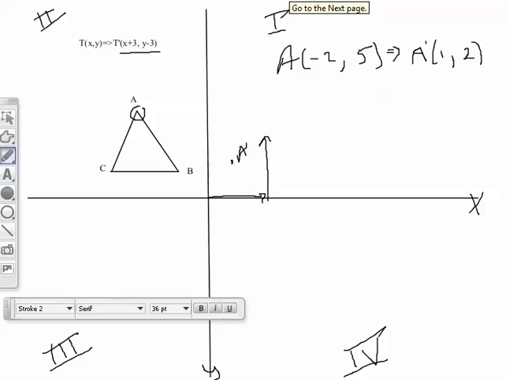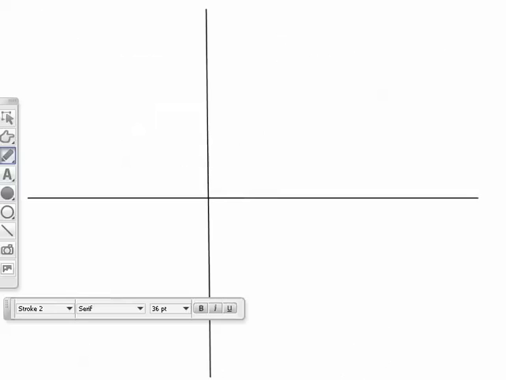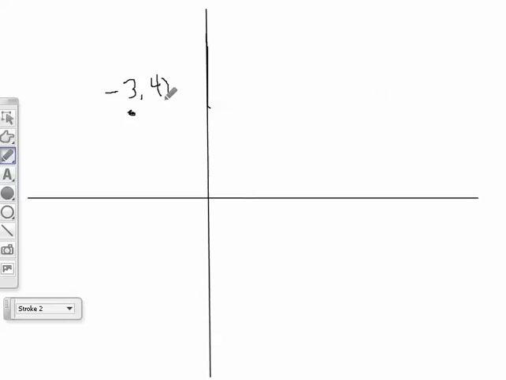Now, one of the questions you might be asking is, is there a rule for reflection? Well, you know what? There is. If I've got a point right here, remember, a reflection is the same distance away from the reflection line. So if I wanted to reflect that point over the y-axis sitting right here, well, this point is sitting at negative 3 comma 4, right?